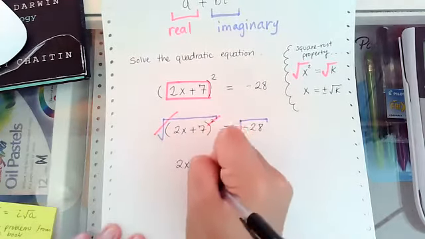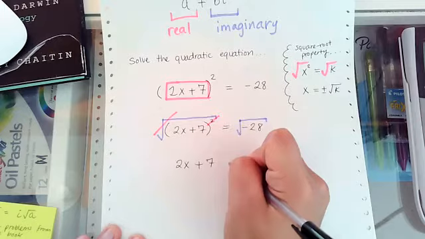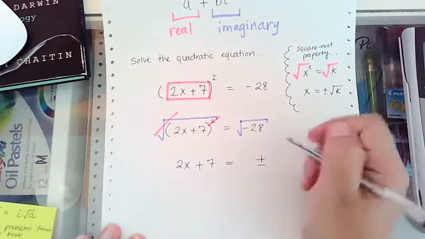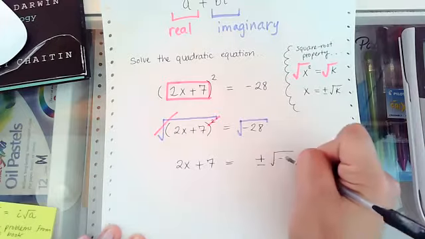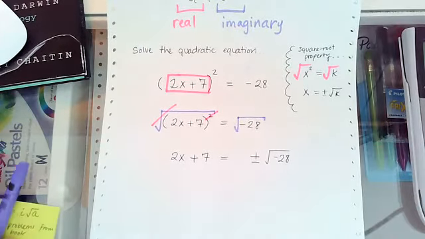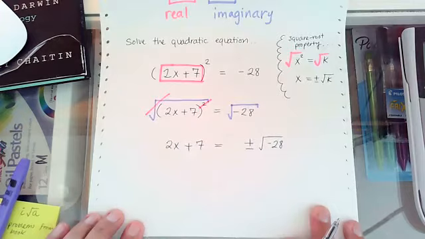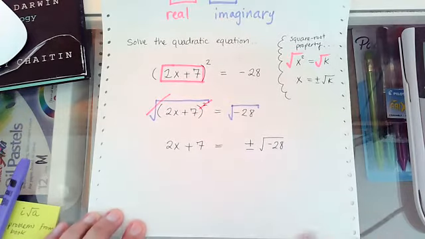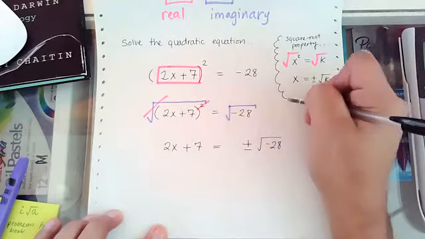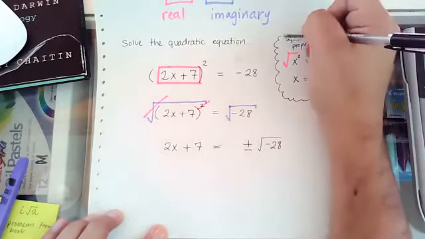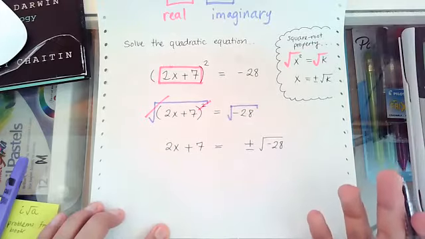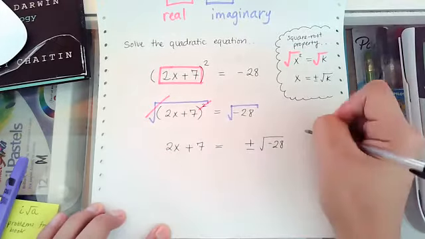So I get 2x plus 7 is equal to plus or minus the square root of negative 28. Well, now I don't have a square to worry about, so I can think about this like a linear equation and solve it by isolating x.